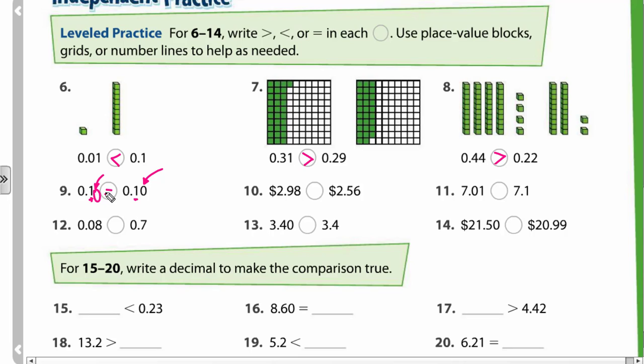Al Qattan? Malik? Yes, teacher. Go ahead. Okay, number 10, yes? 2.98 and 2.56. The greater is 2.98.